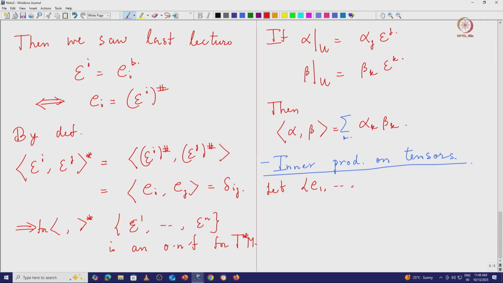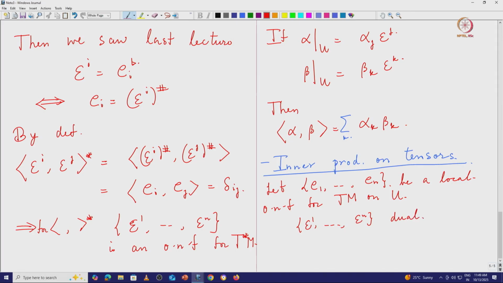Let E1 up to En, and again it's easiest to describe in terms of these local orthonormal frames, on, let's say, some open set U, and let's take epsilon to be the dual basis.